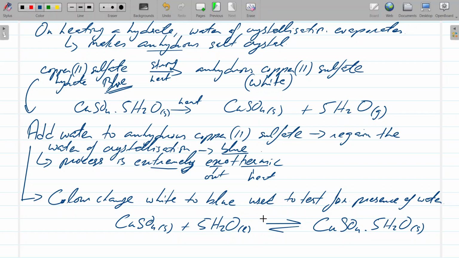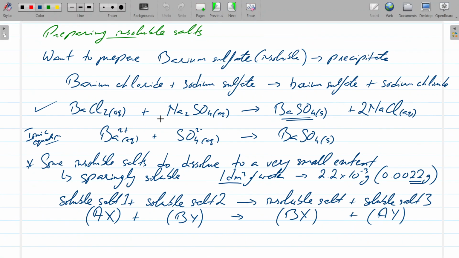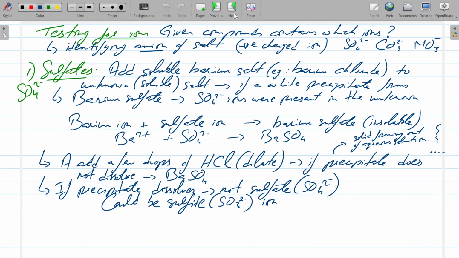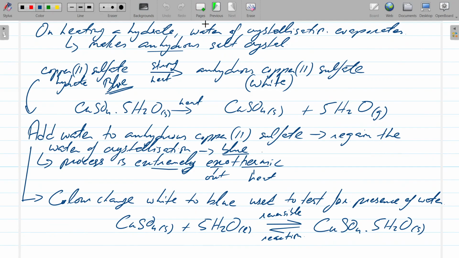And notice this over here. This is the symbol for a reversible reaction. The reactions that we've talked about earlier, for example, are not reversible. Once it happens, you can't simply go back the same way. You can go back, but not the same way.